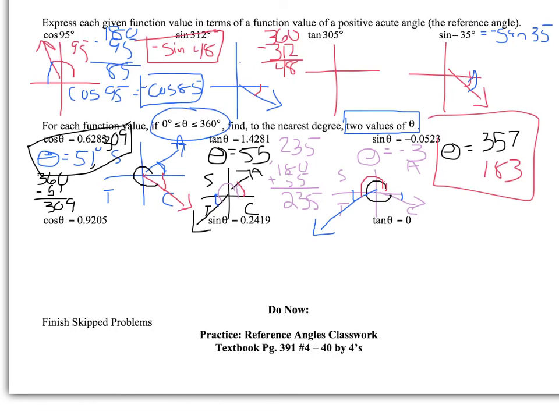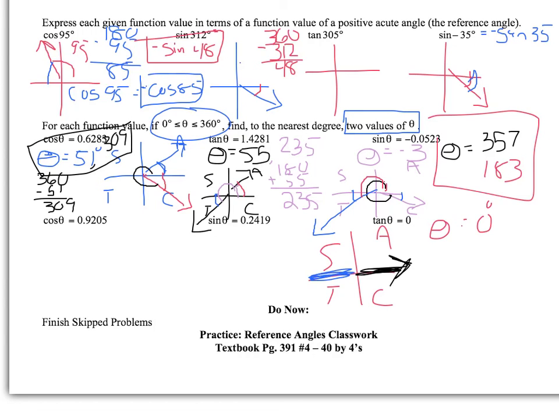What I would like you guys to try now are those next two problems, and actually I am going to take the time, I know I'm over 10 minutes, but I am going to take the time to do the last one because you might get confused if you do that one on your own. So you're going to do inverse tan of 0, and you end up getting 0 degrees. Well, 0 degrees is right here. You're on an axis. When you land on an axis, what you do is you test the other side.